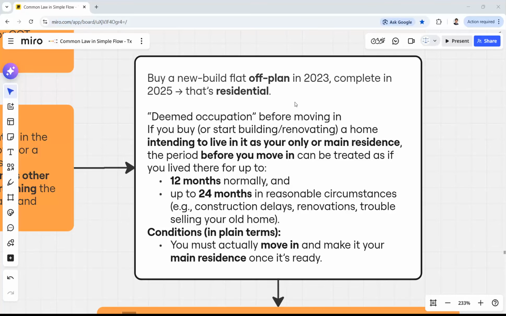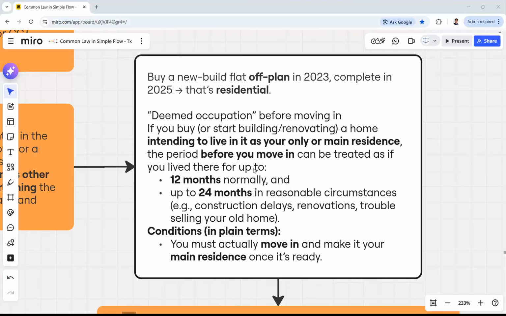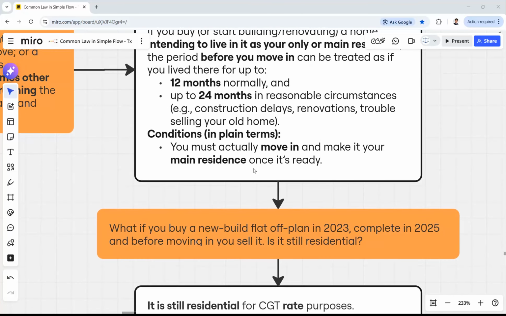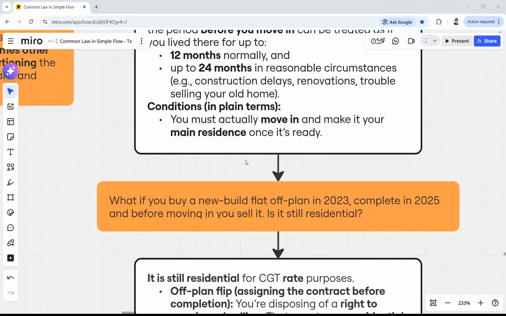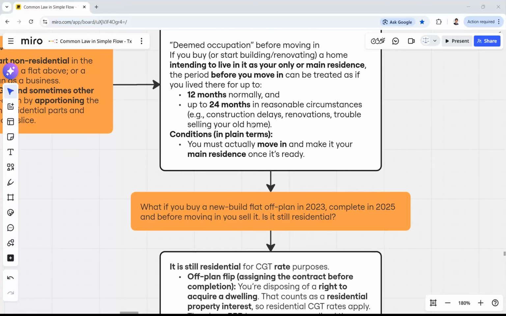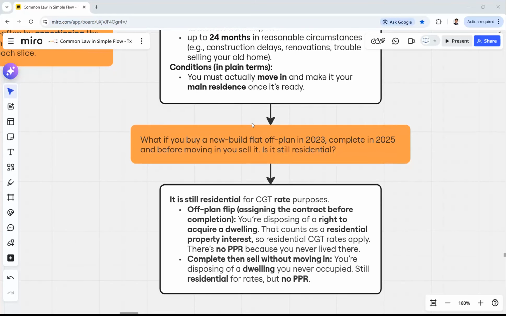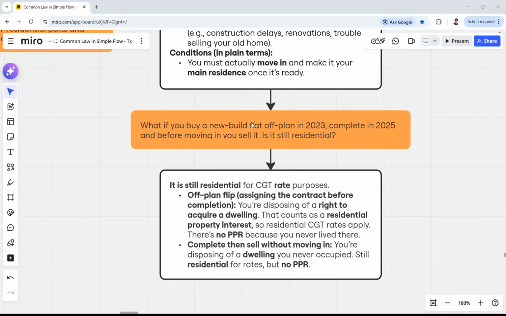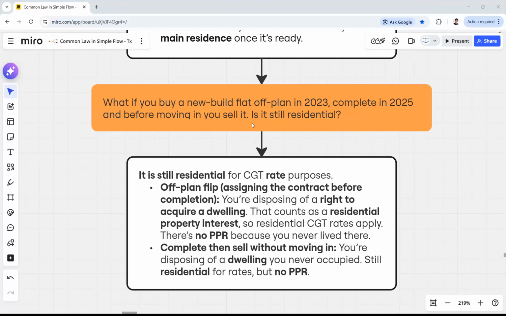And this 12 months may become up to 24 months if there were reasonable delays or any troubles. But the main condition is that eventually you live there. So you move there and you live there for a couple of years. If you don't do that, it will not be considered as deemed occupation. So you may plan to move there, but then you suddenly sell and move somewhere else.